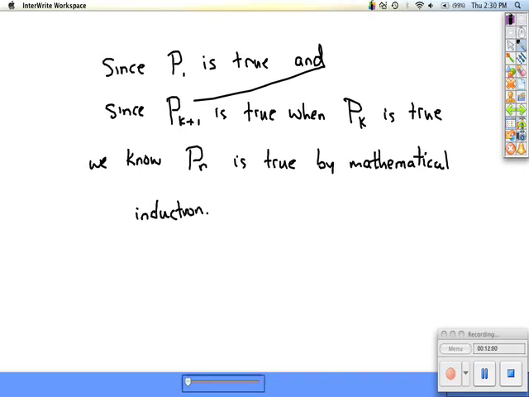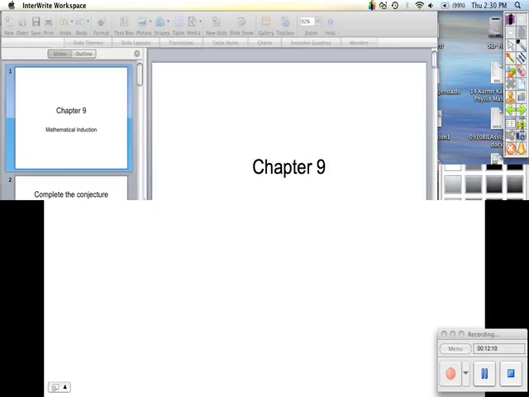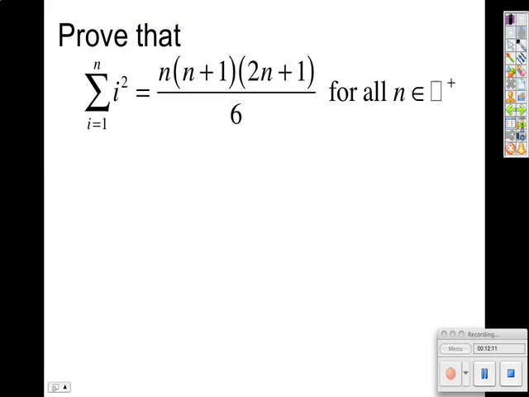And that's how you need to end all of these problems. You need to conclude it and say that you used math induction to do the proof. They're all going to be worded fairly similar at the end.